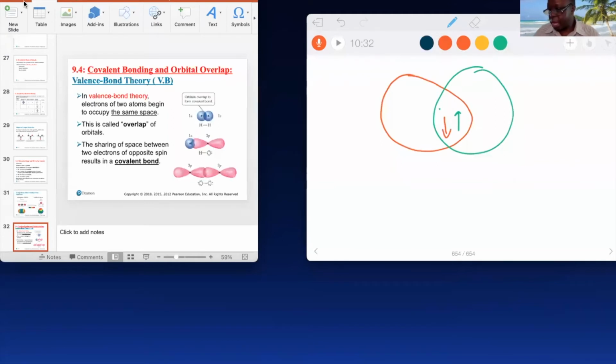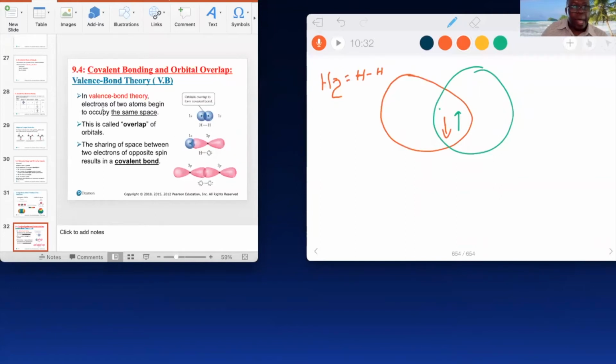I'm using H2 as an example, which is the same as H connected to H, but we didn't talk about how the bond is formed. Valence bond theory proposed that the sharing of electrons results from overlap of orbitals, and the shared electrons will occupy the space between the two atoms.